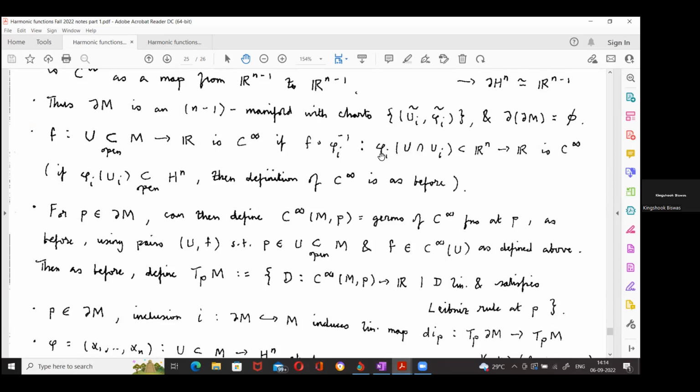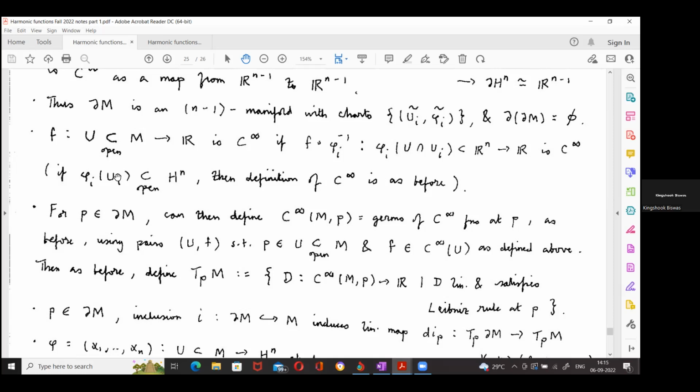Now, this subset is either an open subset of Rn, in which case smooth is the usual definition, or otherwise it's an open subset of Hn. In this case, the definition of C infinity for a function on an open subset of Hn is as before, right? Locally, it extends smoothly into the lower half plane as well. All right. So now we've defined what is a smooth function on an open subset of M, a manifold with boundary.